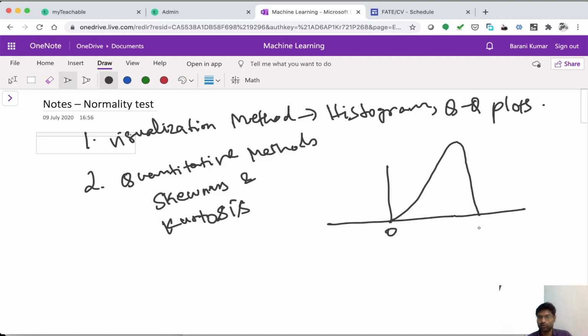What it says is most of my data is towards the positive axis, towards the increasing trend. This kind of data distribution, in which the data is not a perfect bell curve but is skewed towards the right, is called positive skewed data.